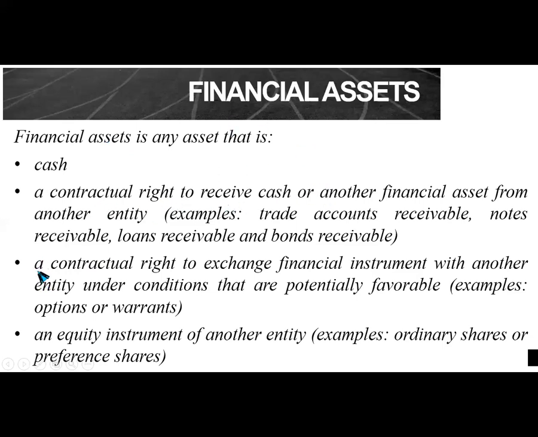Another financial asset is a contractual right to exchange financial instruments with another entity under conditions that are potentially favorable. An example of this would be options or warrants. As I mentioned before, this is related to an equity instrument given to an existing shareholder. If you are an existing shareholder, when the corporation issues new shares, you have priority to be given the new shares.